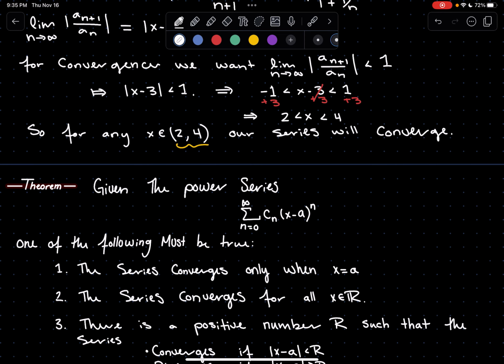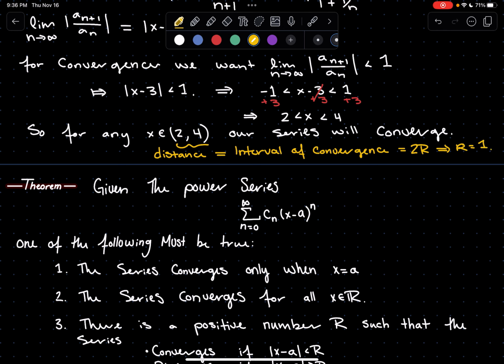So the distance between 2 and 4, this distance, is the interval of convergence, which is equal to 2 times the radius of convergence. So the radius is just half this distance. If you think of this interval as a distance, so that implies the radius of convergence is equal to 1, right?